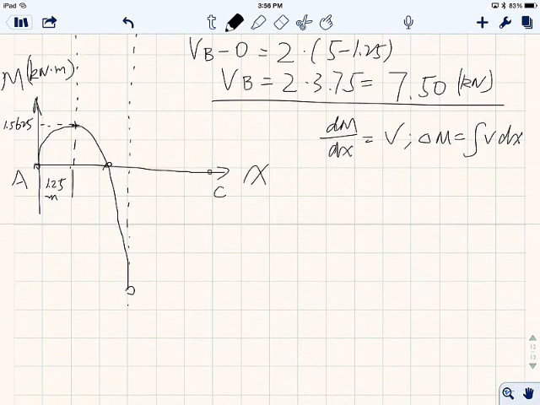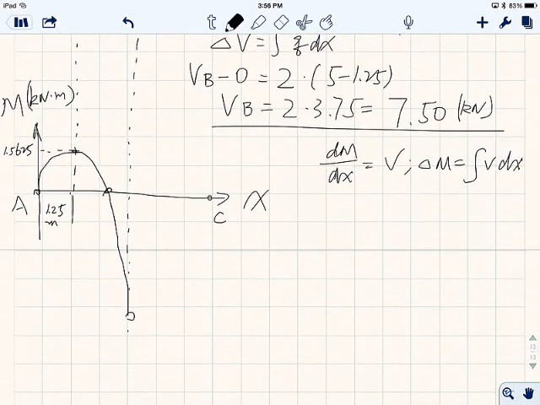In terms of calculating this, it's easy. Delta M equals the integration of V dx. Now delta M is 1.5625 minus 0, because this point is 0 and this point is 1.5625.